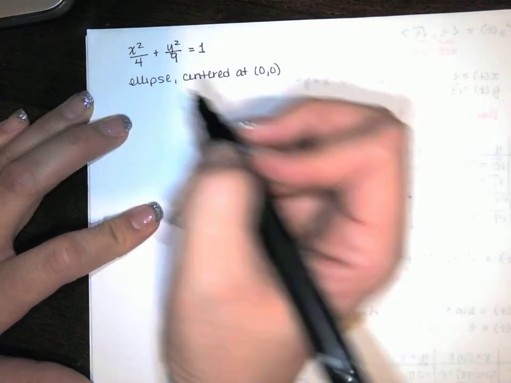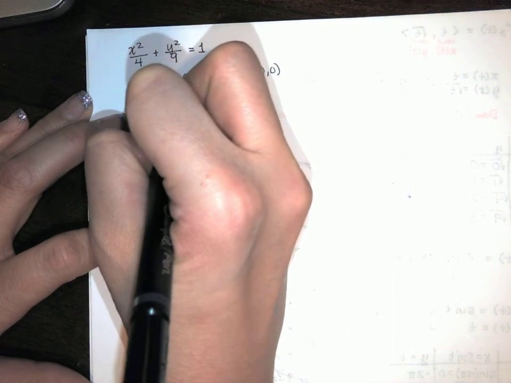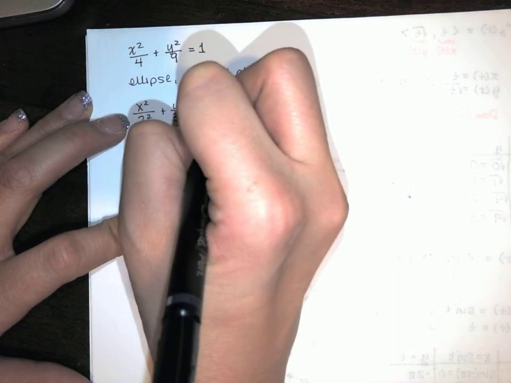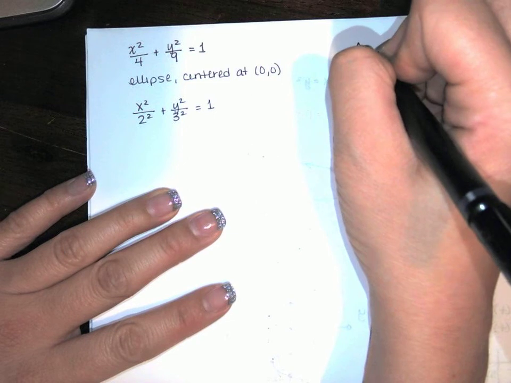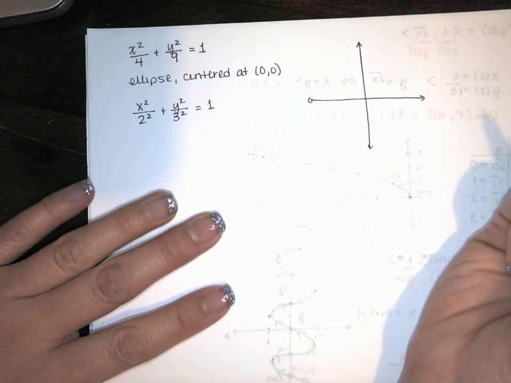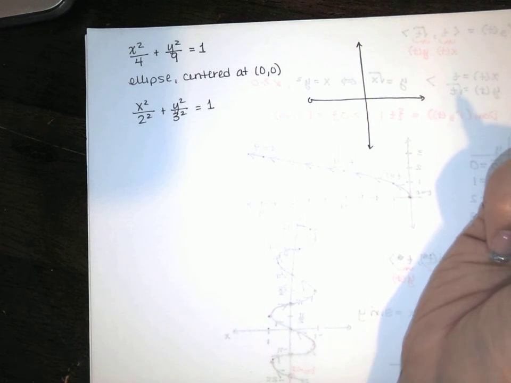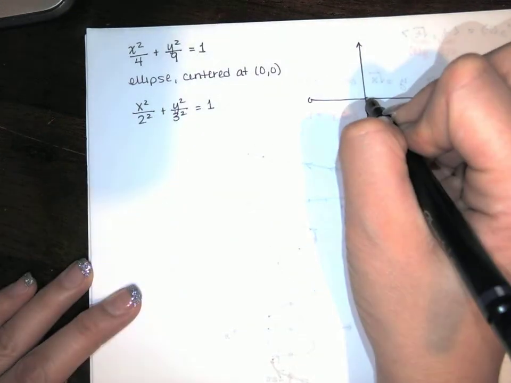I can rewrite that this way with perfect squares in the denominator. Makes it just a little bit easier to graph. If I'm graphing the ellipse, not the curve given by the parametric equations or the vector valued function, but just the ellipse, I start at 0, 0.